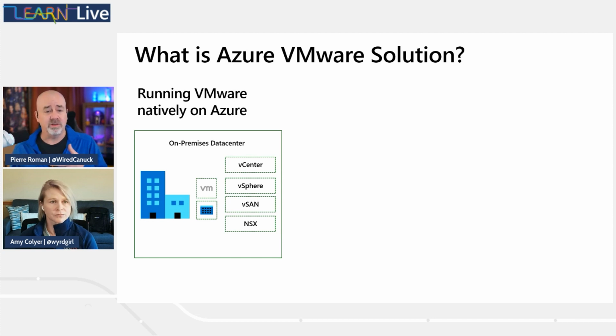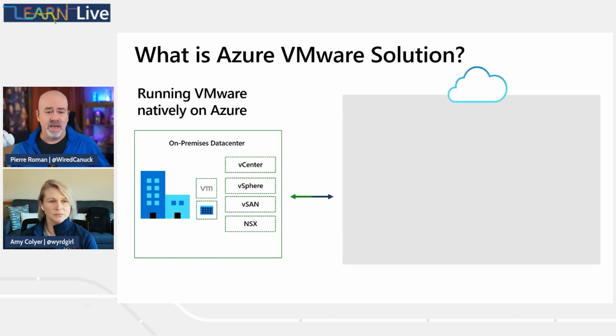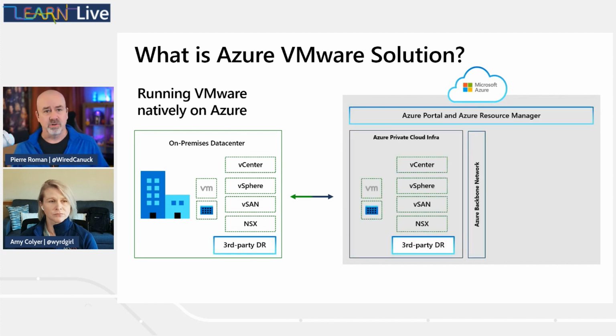So when you're looking at your on-prem environment where you've got your vCenter, your vSphere, vSAN, NSX, everything, it connects to a single tenant in Azure, and using the Azure Resource Manager, either through the portal, Azure CLI, or PowerShell, you can deploy in that private cloud infrastructure a mirrored or similar environment running Azure VMware Solution.